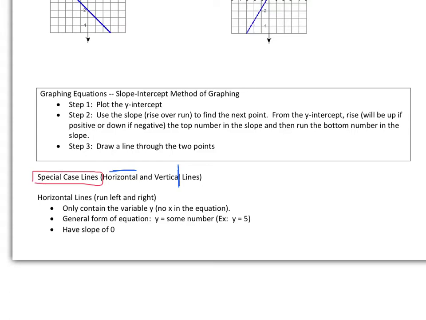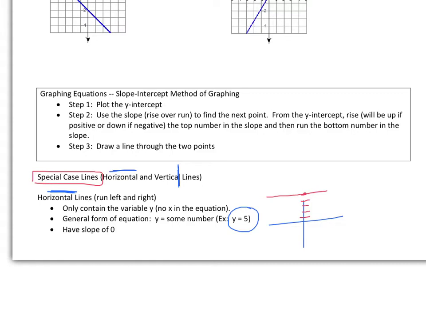A horizontal line, which is described as the horizon, if you think of it that way, runs left to right. The equation for horizontal lines is of the form y equals something. So if I were to graph the line y equals 5, I would find the y-intercept of 5, put a dot on it, and go like that. A horizontal line.